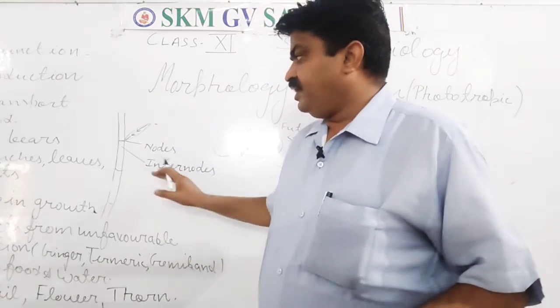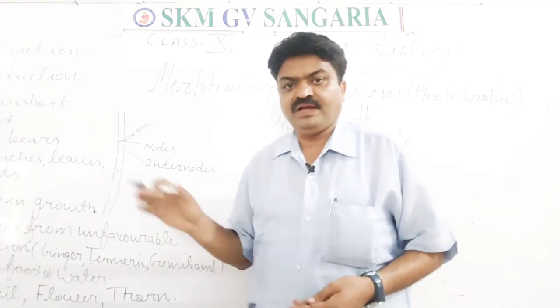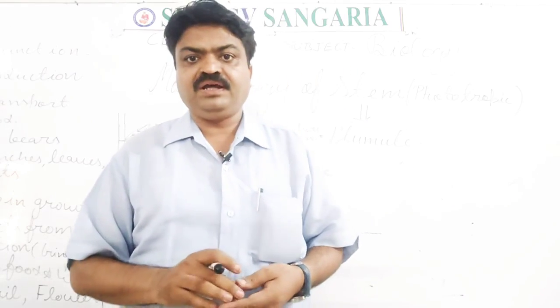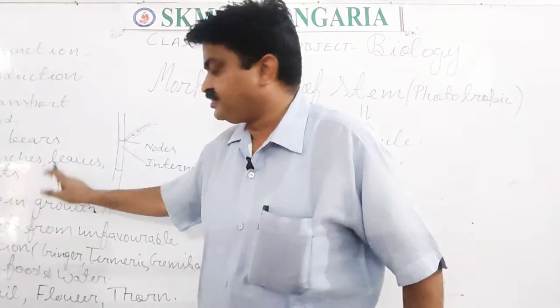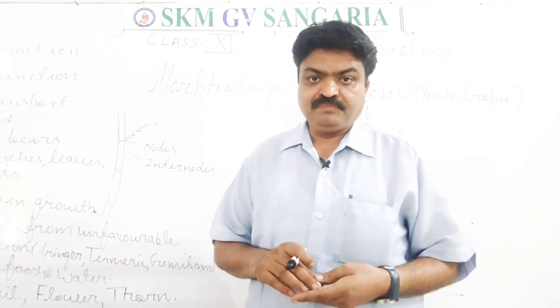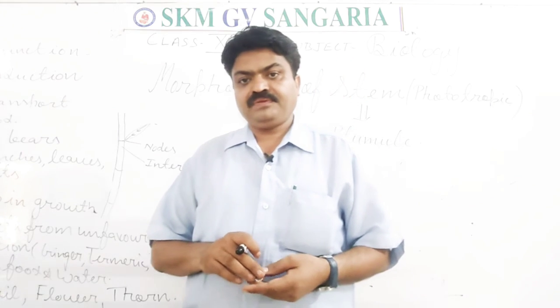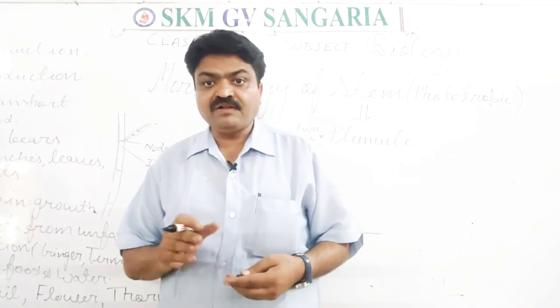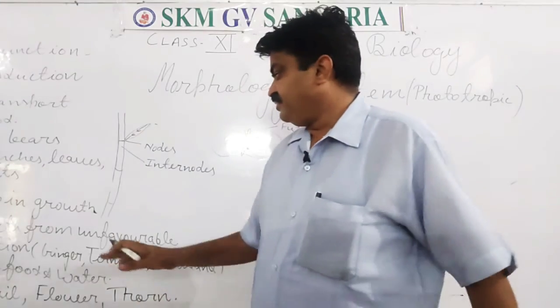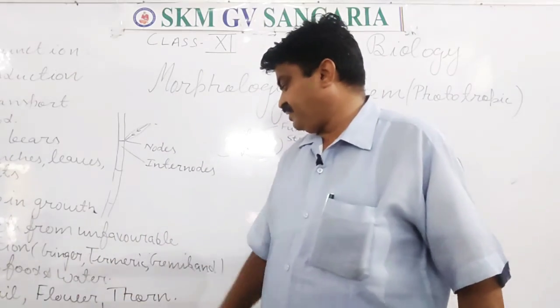Now we come to the next. It helps in growth, means the plants grow with the help of the stem, student, and they grow towards the sunlight. But there are some stems found under the ground, student, especially ginger, turmeric.